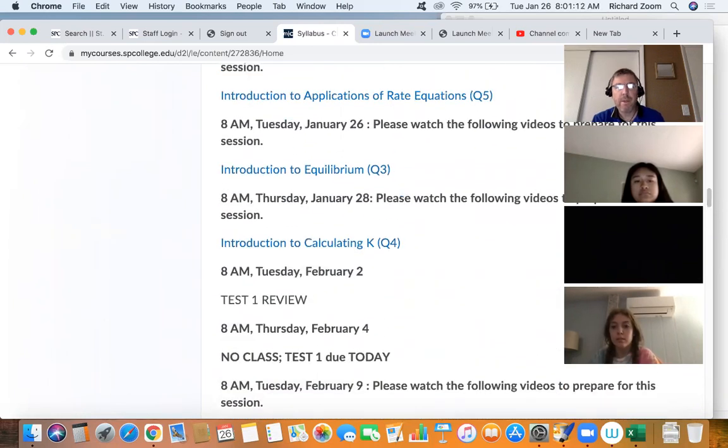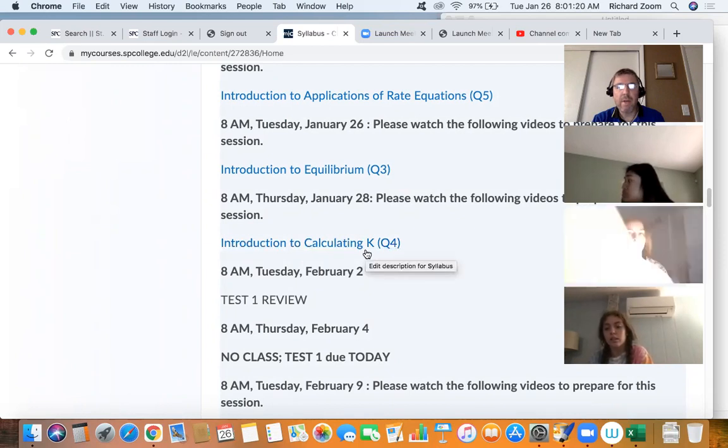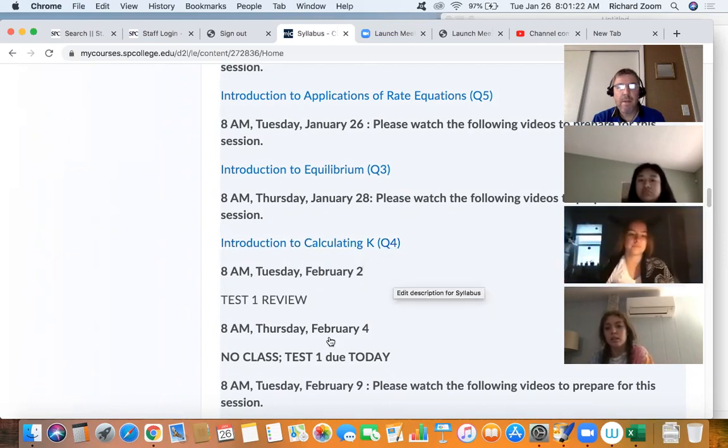Today we're doing Introduction to Equilibrium. On Thursday, we'll be doing some calculating of K. On Tuesday of next week, we've got the test one review, and there'll be no class on the test one day, which is going to be Thursday, February 4th. So we're looking at about 1.5 weeks until the test is due.